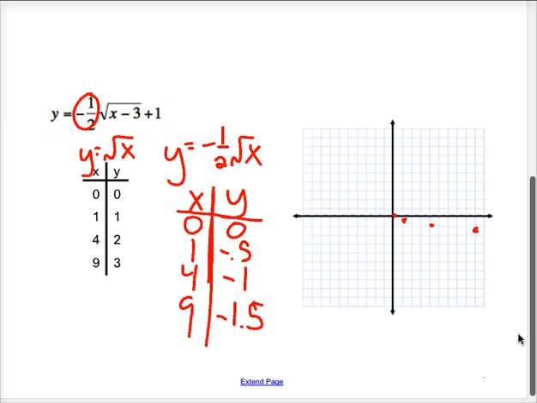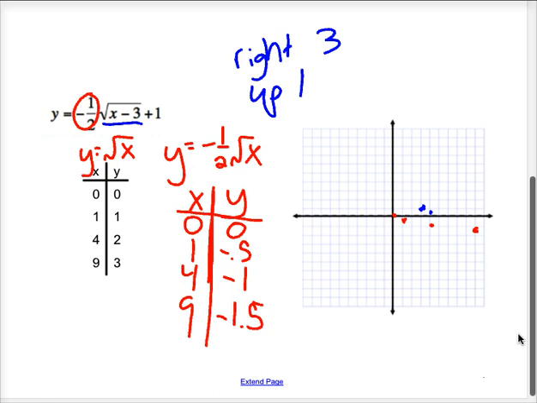Now I'm going to see what translations happen. Well, that's telling me to go to the right 3 and up 1 for every one of my points. So starting with the 0, 0 point, right 3, up 1. To my next point, right 3, up 1.